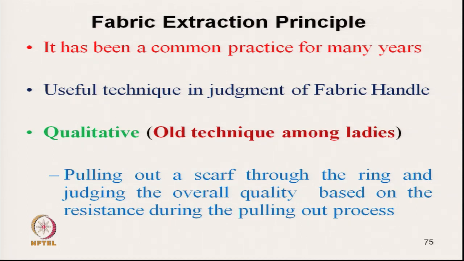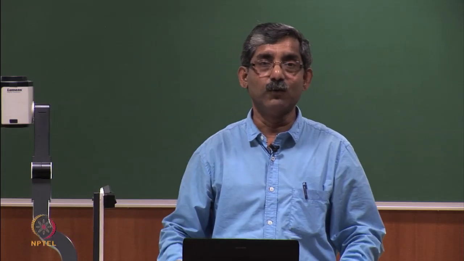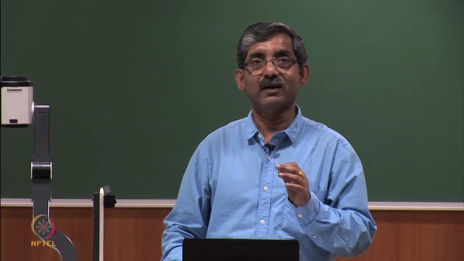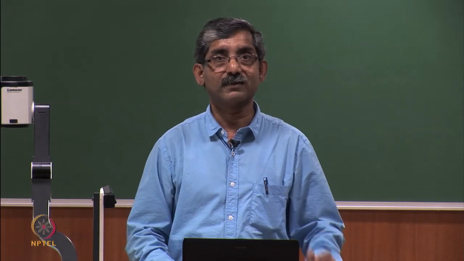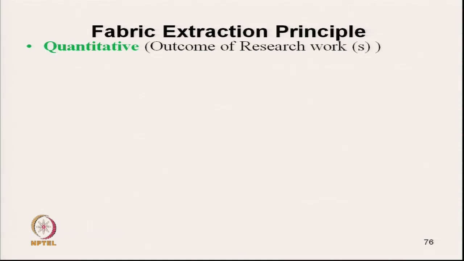So, the fabric is pulled through the ring and the force required to pull is judged, and that gives the idea about the fabric handle characteristics, and thus this principle is used. It is a fabric extraction principle, it is qualitative.